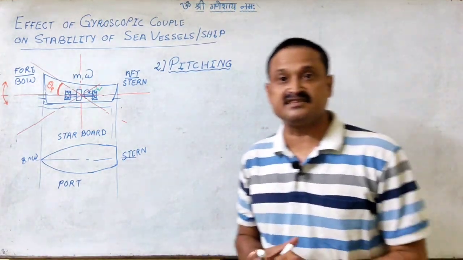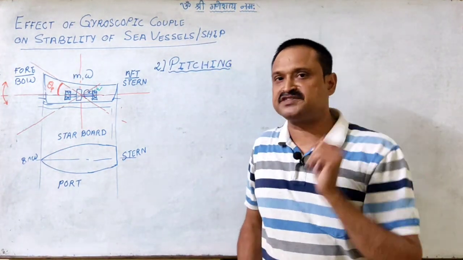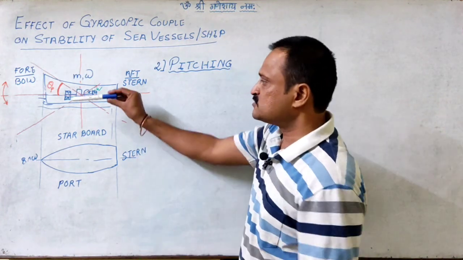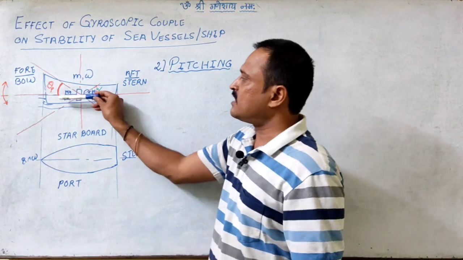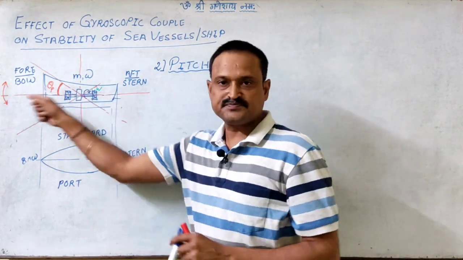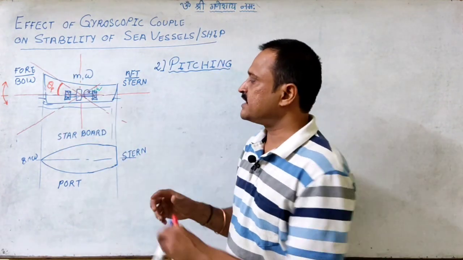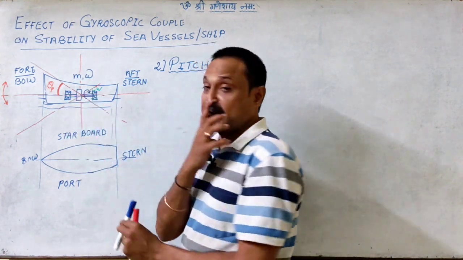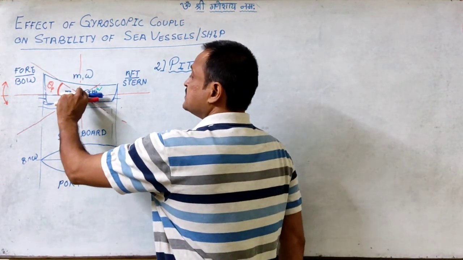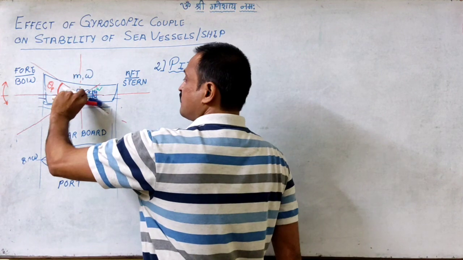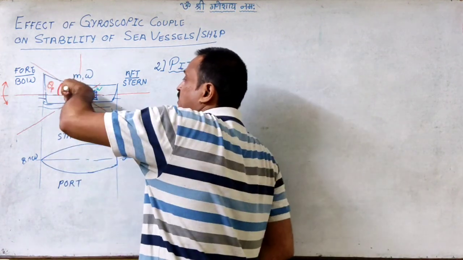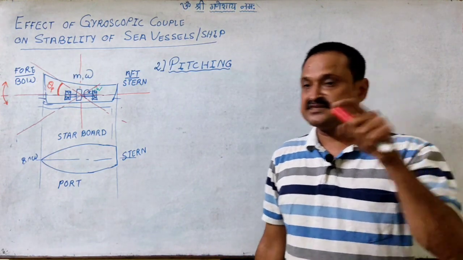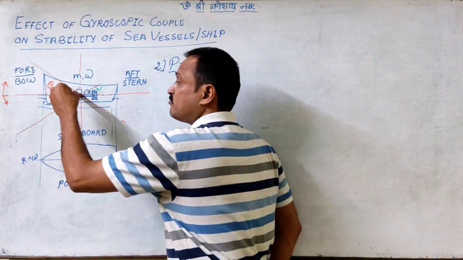Now try to understand this situation, how the forced precession is there in this situation. So the spinning mass is rotating about this x-axis or the spin axis, right? And during pitching, what is happening is this axis of spin is rotating about the perpendicular axis, that means the axis perpendicular to the board.